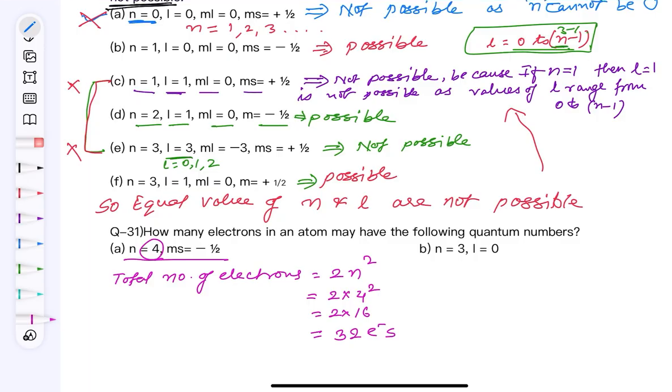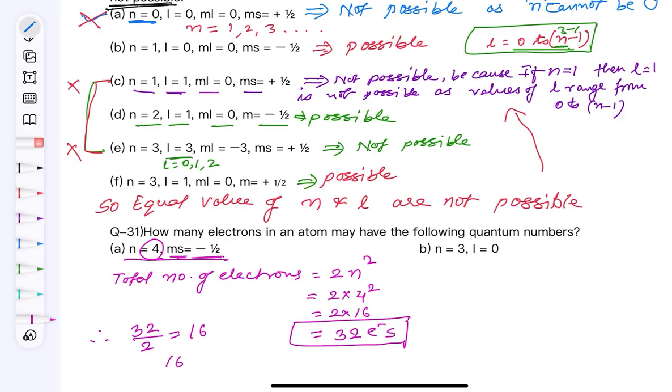But you need to satisfy the other condition, the spin quantum number is given as minus half. Now when you talk about these 32 electrons for orbit number 4, half of the electrons have plus half spin quantum number, and the other half have minus half. So we divide 32 by 2, we get back 16.